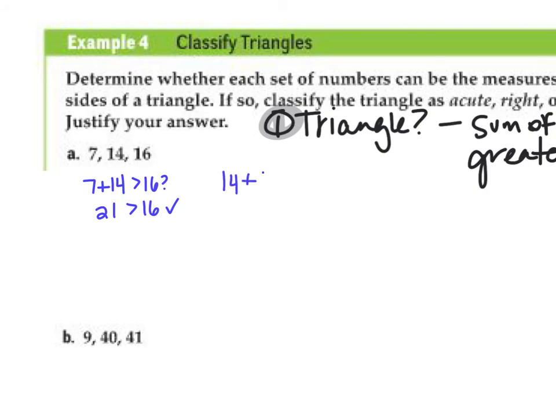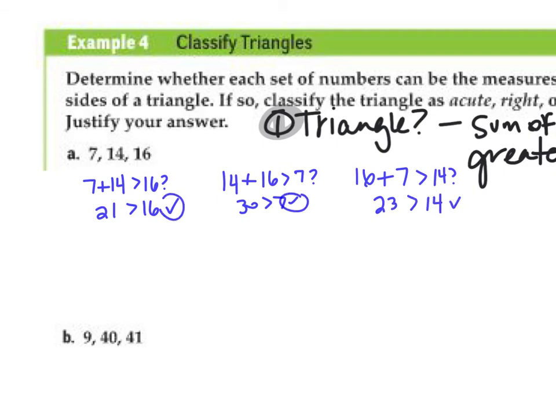So 14 plus 16, is that greater than 7? 30 is greater than 7, so yes. And then the last set, 16 plus 7, is that greater than 14? 23 is greater than 14, so yes. Since we have 3 check marks, all 3 pairs are greater than the third side, we do have a triangle.